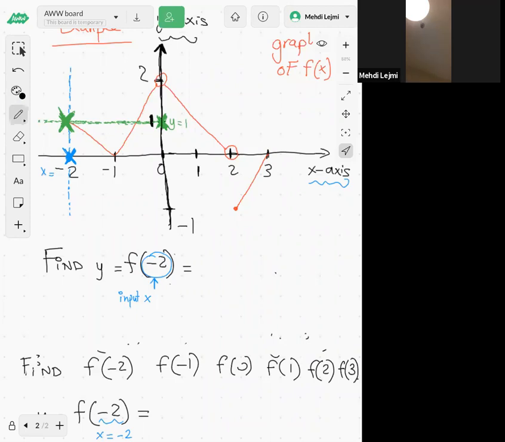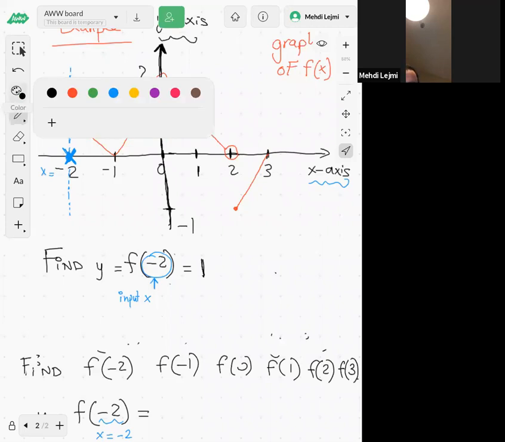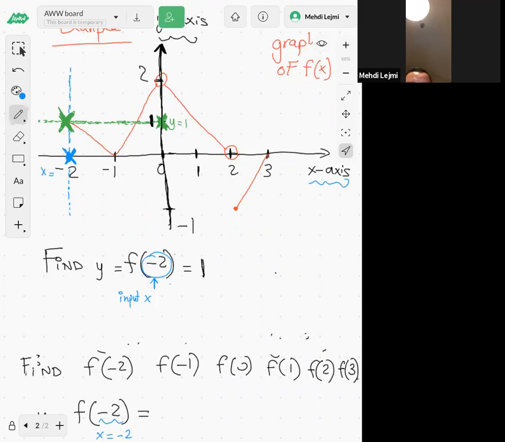Does this make sense to you? So here the answer would be +1, because again, let me explain again. I know this is not obvious for some of you. My input x is -2.